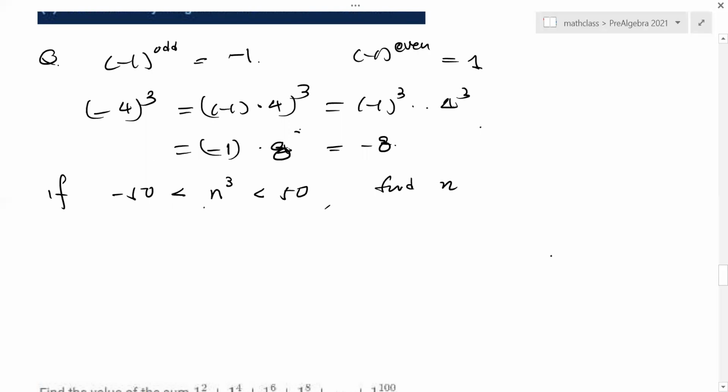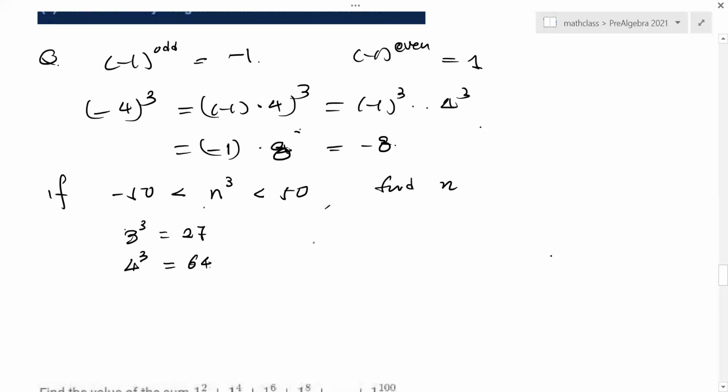Right. Again, it's just like a problem before, where we were trying to find all the perfect squares between 1,000 and 2,000. The same idea: we're trying to get a perfect cube as close as possible to 50. So we try this. 3 cubed is going to be 27, less than 50. 4 cubed is going to be 64.